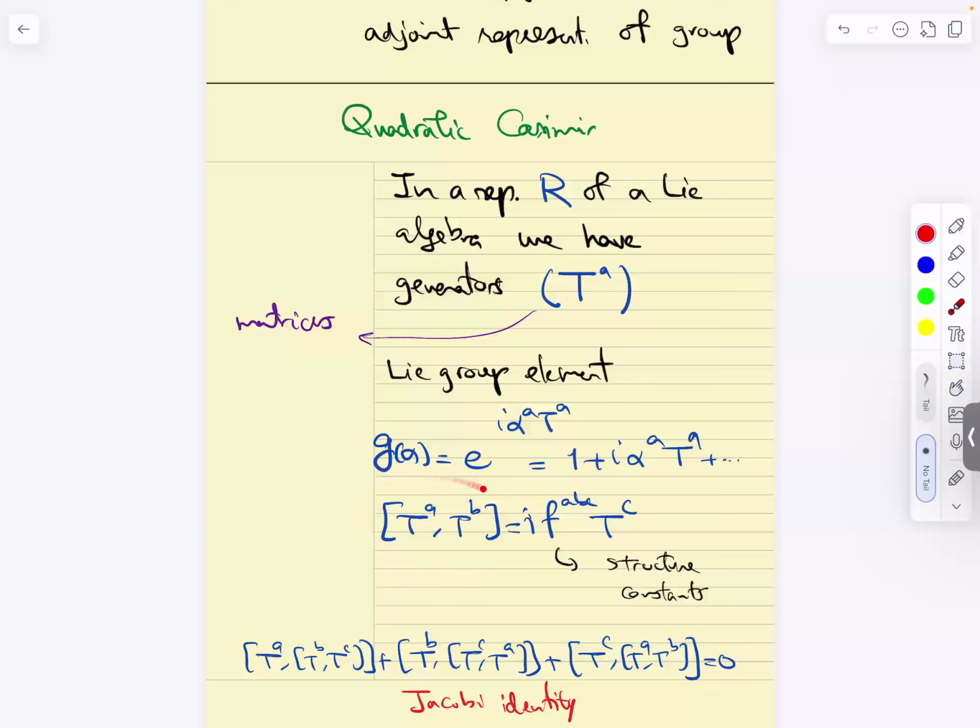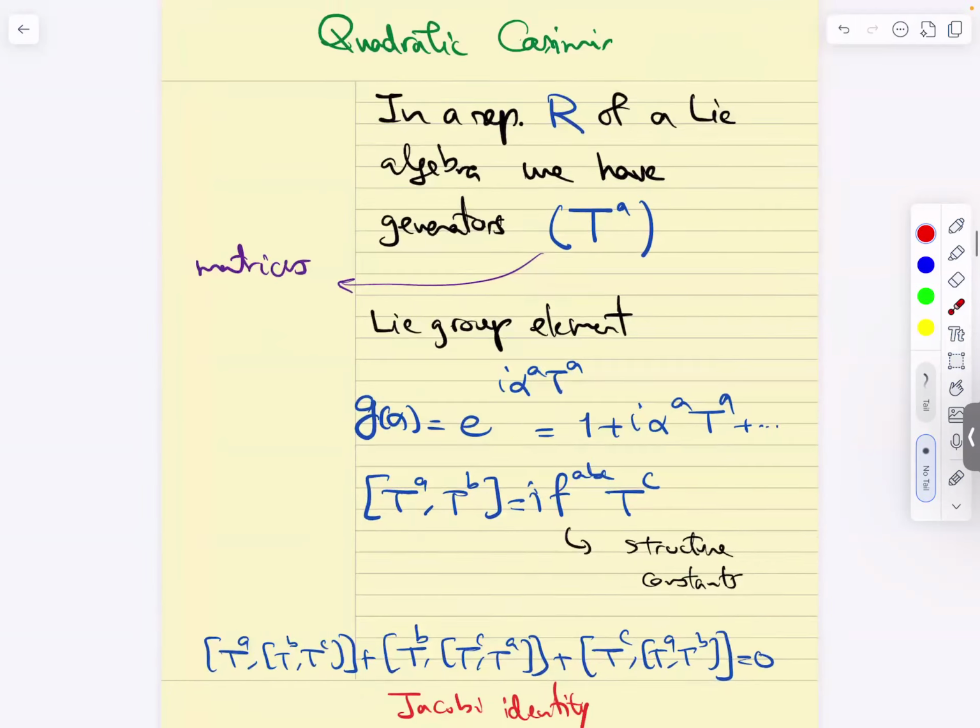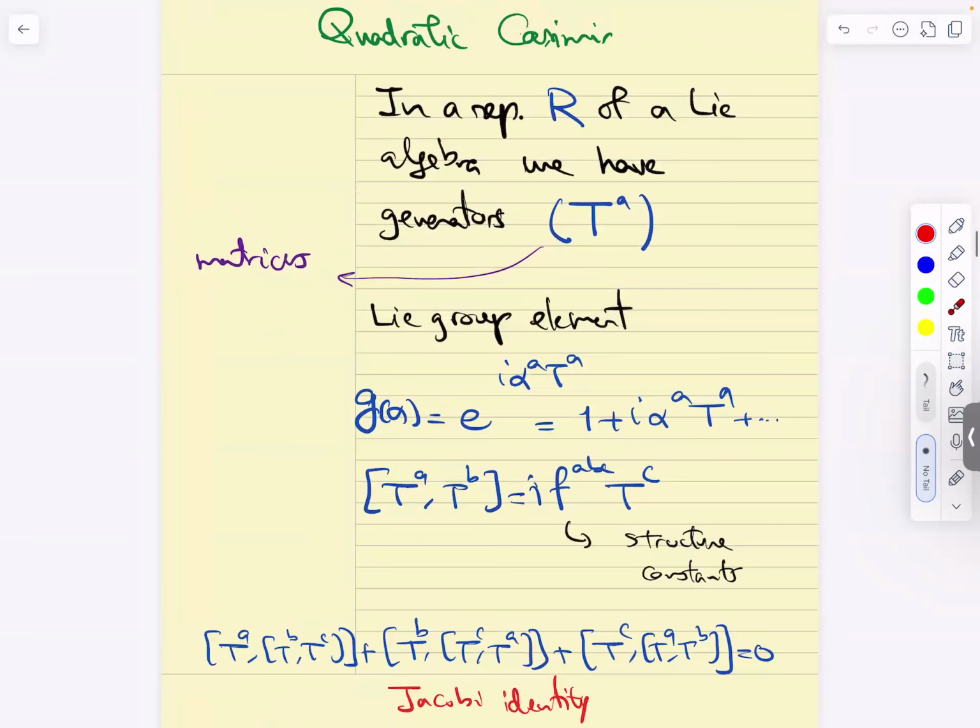We're just writing it this way. This is a form, and it satisfies these relations, that f^ABC has a bunch of symmetric properties. And then finally, it should satisfy a Jacobi identity. Such a thing is called a Lie algebra. Now, why are we requiring Jacobi identity?